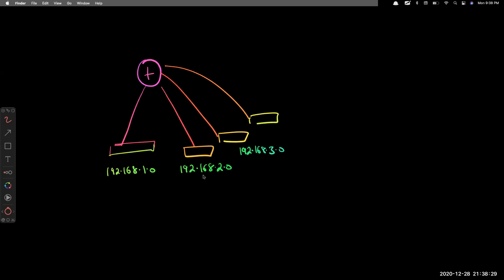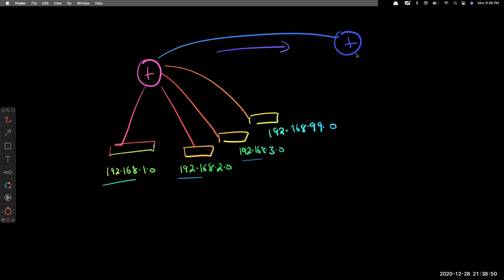Okay, so if you have the 192 series, that's okay, but maybe you have another 192.168.99.0, something like that. So why is it better to always do subnetting? Because when this router is going to share that information to this router, the router will have all four networks.